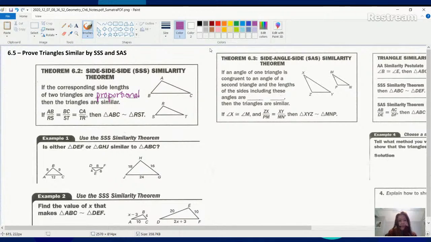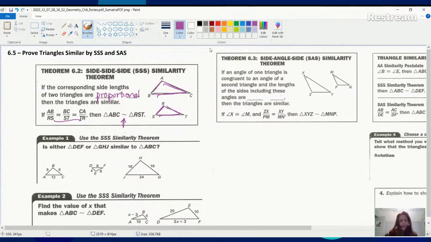So in this theorem, you'll see right here, we have these two triangles, ABC and RST. If AB over RS, so if I compare the ratio of AB over RS to BC over ST to CA over TR, if all of those ratios are equal to each other in a proportionality statement, then we can say that the two triangles are similar to each other.